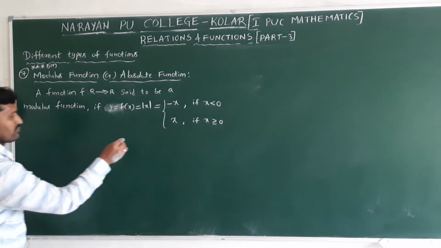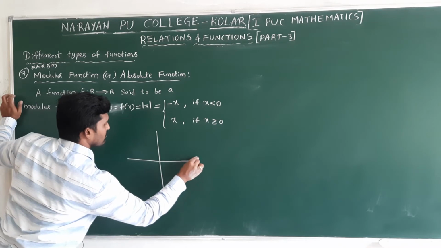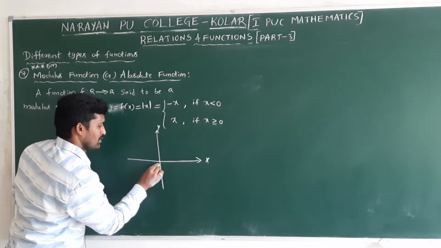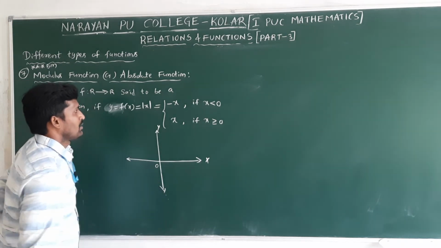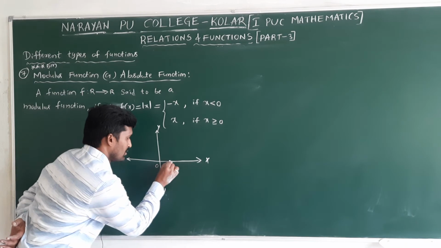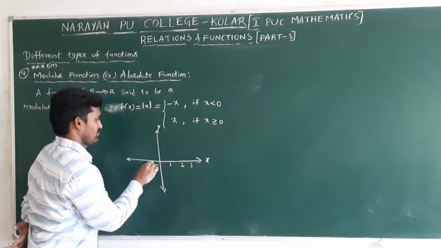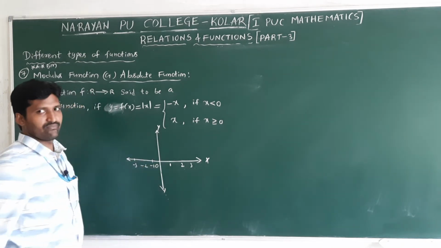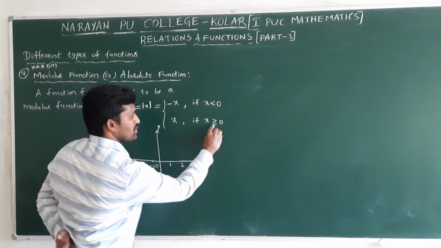Now coming to graph. This is origin. For example, 1 if you take, 2, 3, minus 1, minus 2, minus 3. Only for understanding purpose. X 0, 0 at which condition?